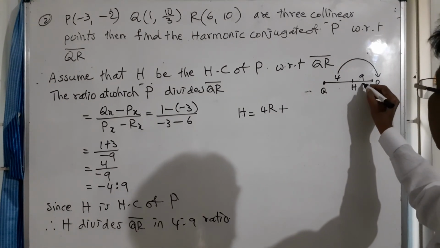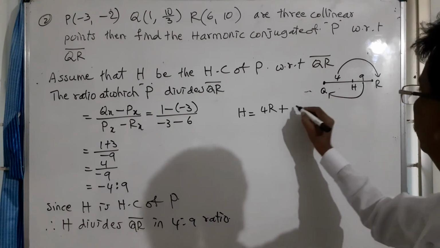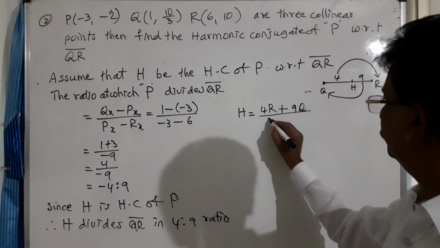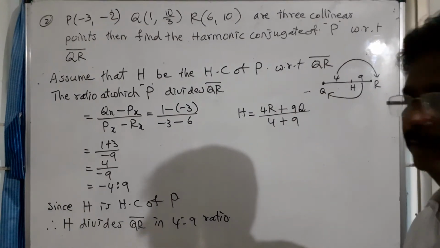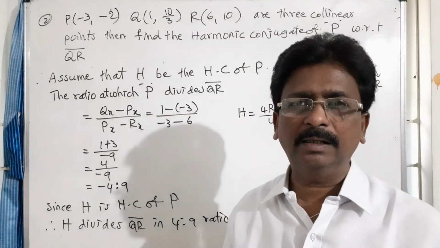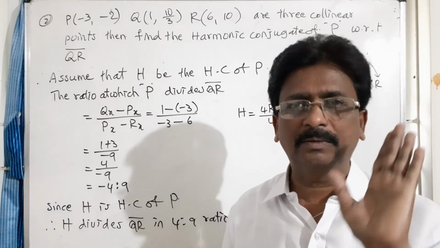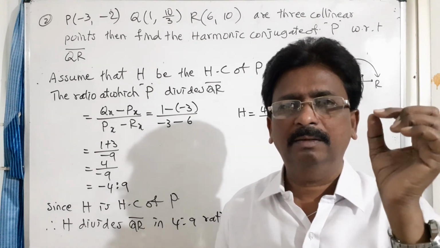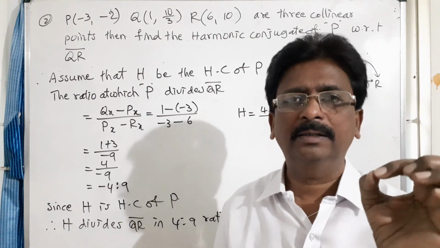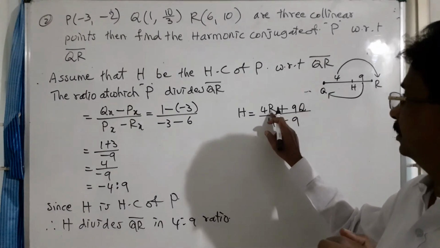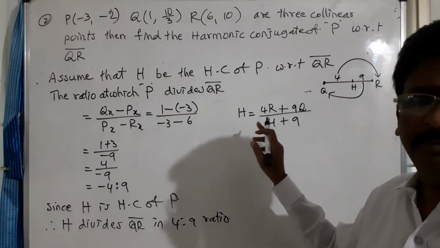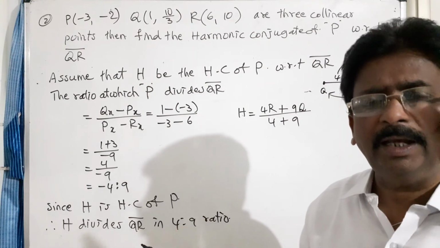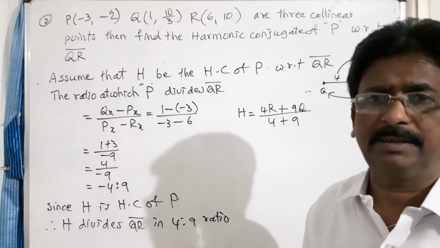Next, 9 into Q, plus 9Q, divided by 4 plus 9. Now these are not the coordinates of H. We obtain the x coordinate of H by substituting all the x coordinates of R and Q.